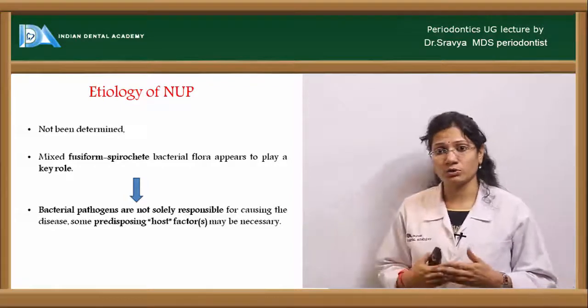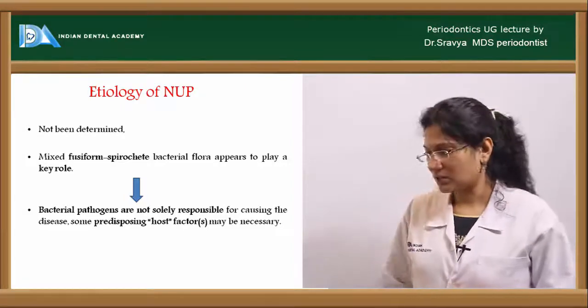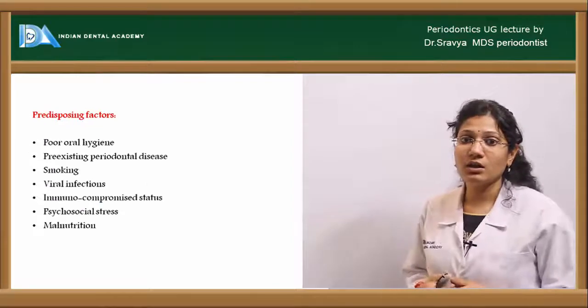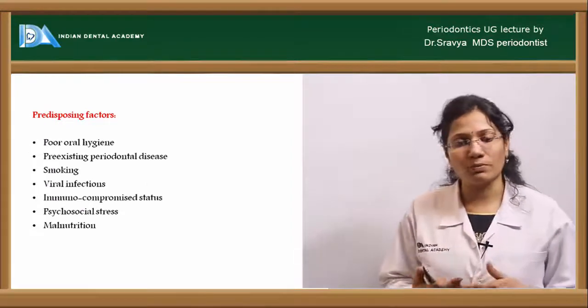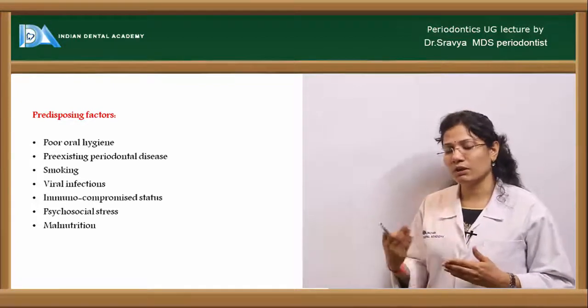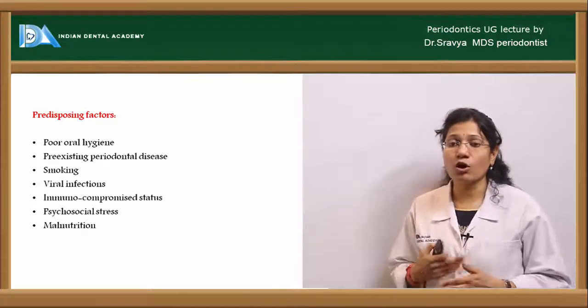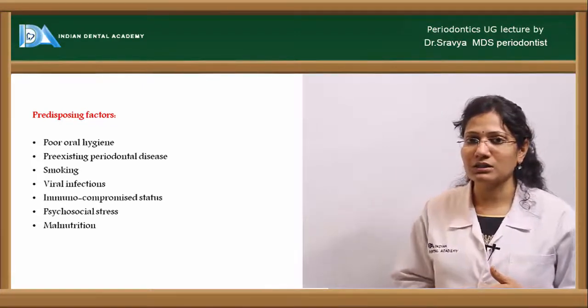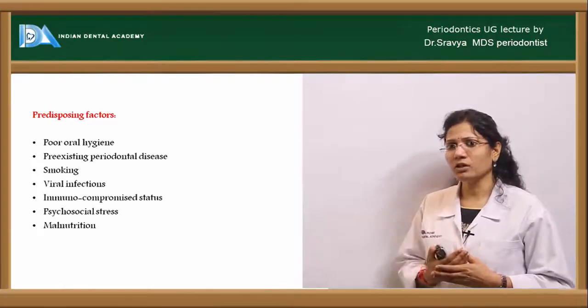There are some predisposing factors which predispose the individual to develop the disease. Now, what are these predisposing factors? Patient's poor oral hygiene. An immunocompromised situation in the host can make the patient more prone to develop this necrotizing form of ulcerative periodontal diseases. Apart from that, a pre-existing periodontal disease can contribute to the development of your NUP.